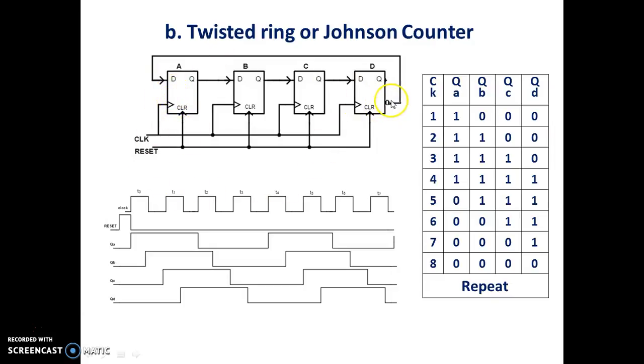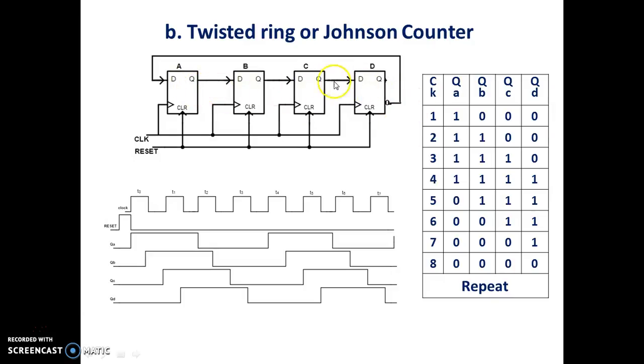So this 1 goes to D, so 1 comes out to QA. Next time again Q bar is connected, so Q bar is still 1 as Q is 0. As Q is 0, Q bar is 1, so 1 is given to the D, so that comes out to the Q. So for 4 times the 1s are provided.